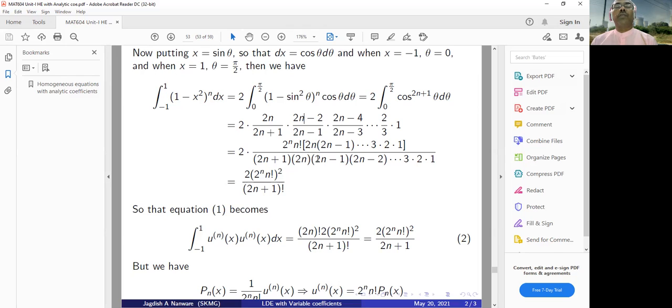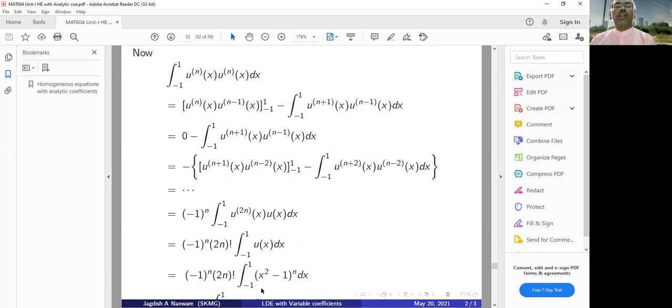So putting these values and simplifying further, this 2n vanishes with this 2n, right? 2n minus 1 vanishes with this and all. So what remains only? This product, 2n plus 1 factorial. And therefore we put this value of this integral in this equation here.